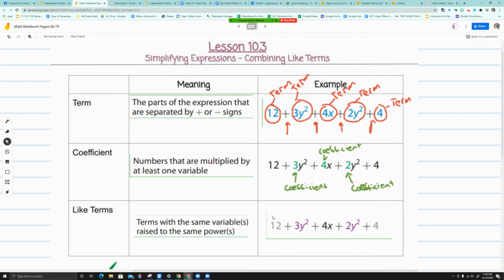Like terms are terms that are alike. They can be added or subtracted. They are terms with the same variables raised to the same powers. And like terms can be added and subtracted. You can add and subtract like terms to simplify an expression.